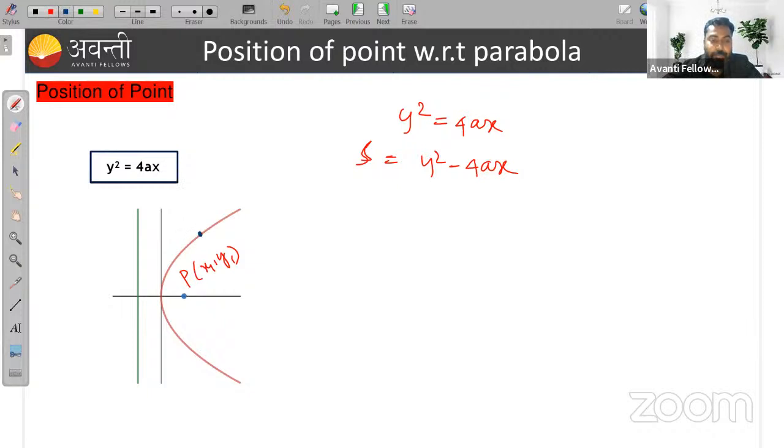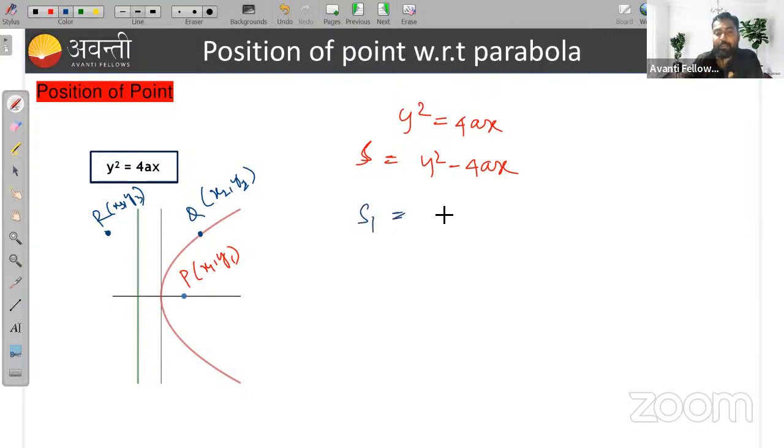If this point is Q and its coordinates are x2, y2, and after putting this point you get s1 equal to 0, then you can say the point is lying on the parabola. Suppose the point is R whose coordinates are x3, y3. In this case s1 is greater than 0, so the point is lying outside the parabola.